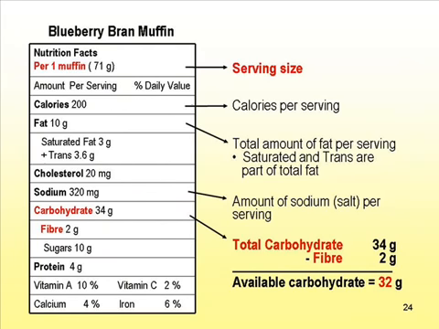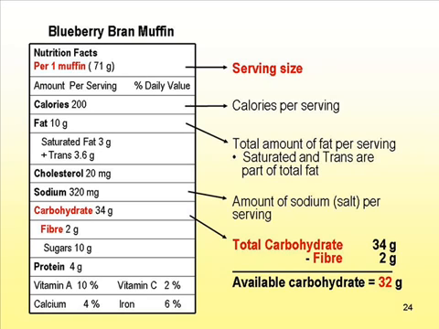So just to review and make sure we're all on the same page, you need to remember the 3 things you need to look at when you look at your label. Here's your muffin. You need to look at the 3 things, which start with your serving size. Are you having one muffin, half a muffin, or 2 muffins or 3 muffins? Hopefully not 3 muffins.